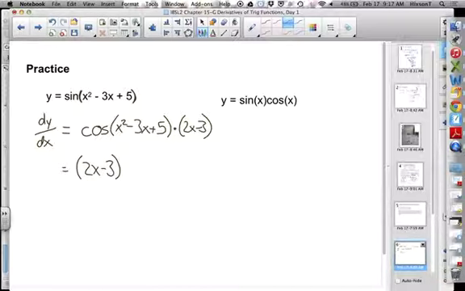So 2x minus 3 times the cosine of x squared minus 3x plus 5. Any questions so far?